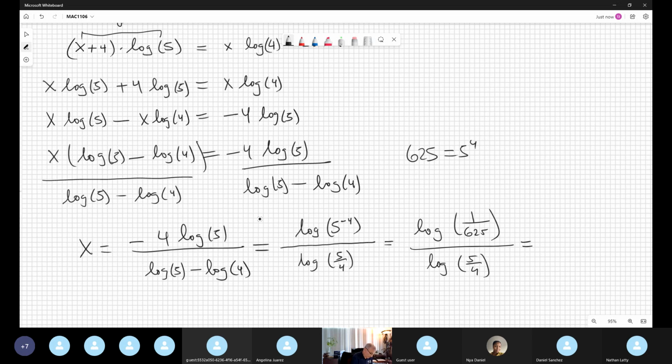So I use the LOG button: logarithm of 1 over 625, division, logarithm again of 5 over 4. I get the answer. It's obvious that the answer is negative.